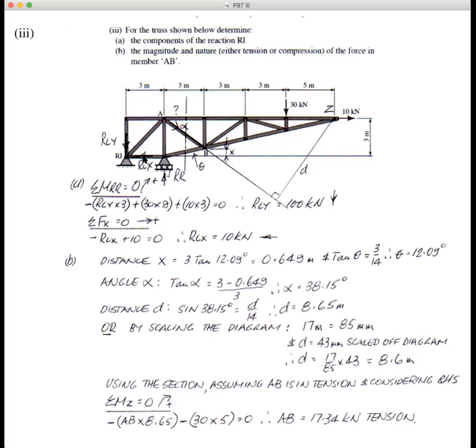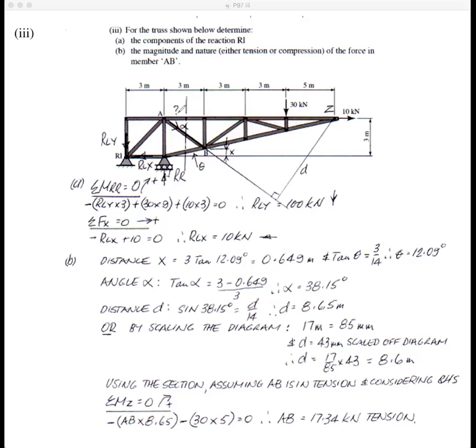Now, what we've got to do is find the force in AB here. This is part 2, or part B. So I've put a section line down there, and I'm going to have these forces broken, I'll just draw them in.